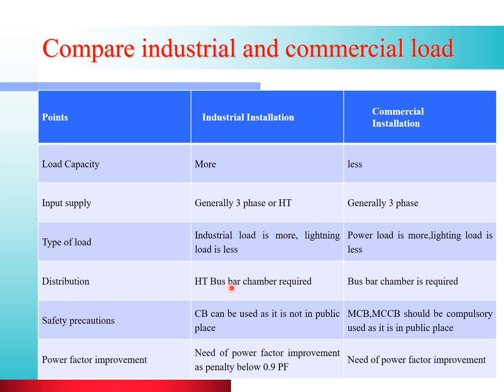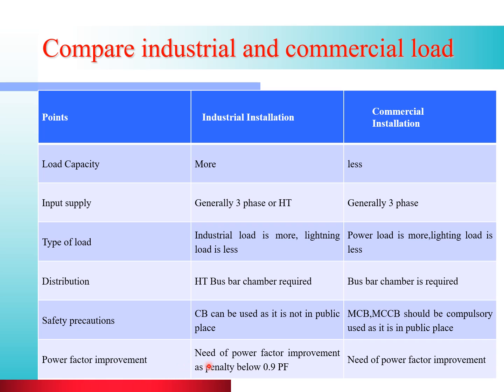Distribution: for industrial installation, a TPN busbar chamber is required, and for commercial installation, a busbar chamber is required. Safety precautions: for industrial installation, a circuit breaker can be used as it is not in a public place, and for commercial installation, MCB and MCCB should be compulsory as it is in a public place.